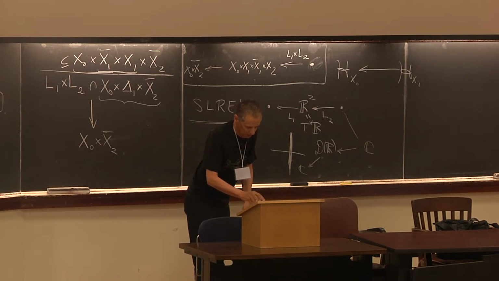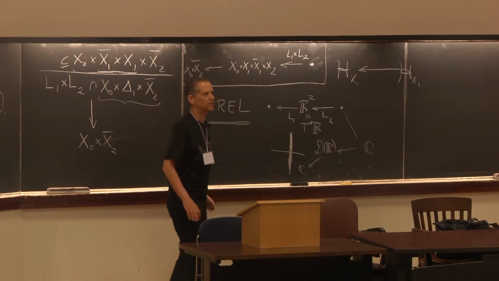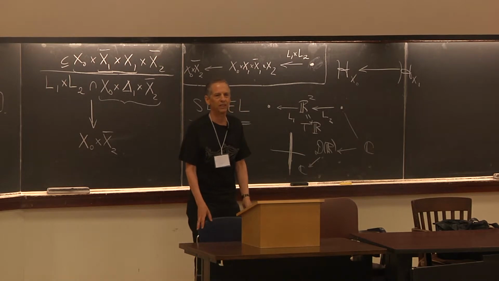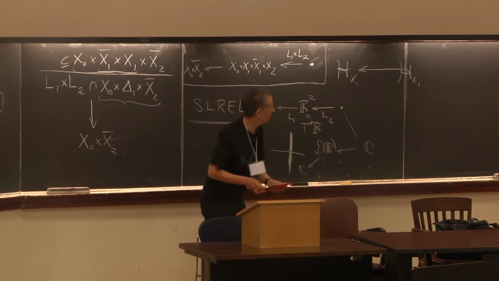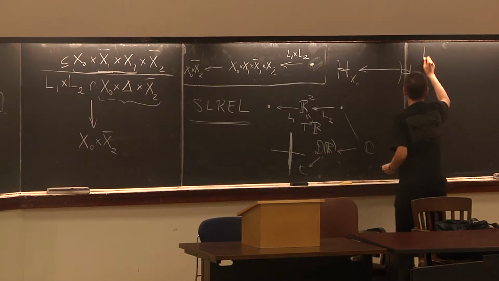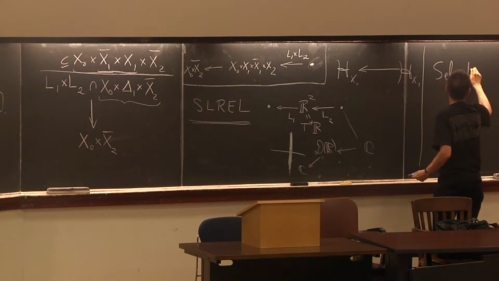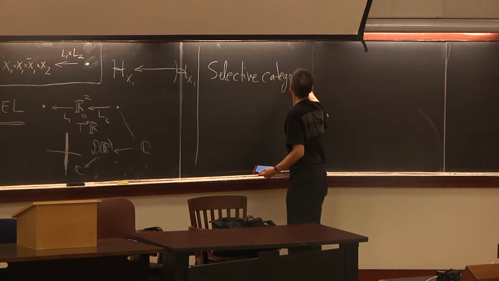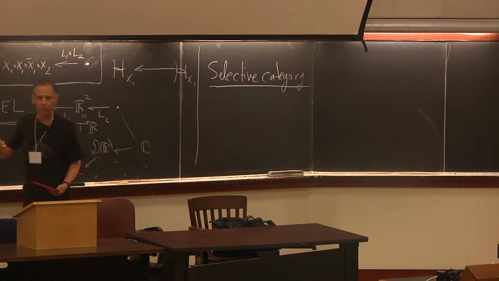So in my talk today, I want to concentrate on this first approach, which doesn't get you the quantization, but at least it produces what turns out to be the right thing to quantize. And so the idea is to introduce what we'll call a selective category in which we distinguish certain morphisms as the good ones.